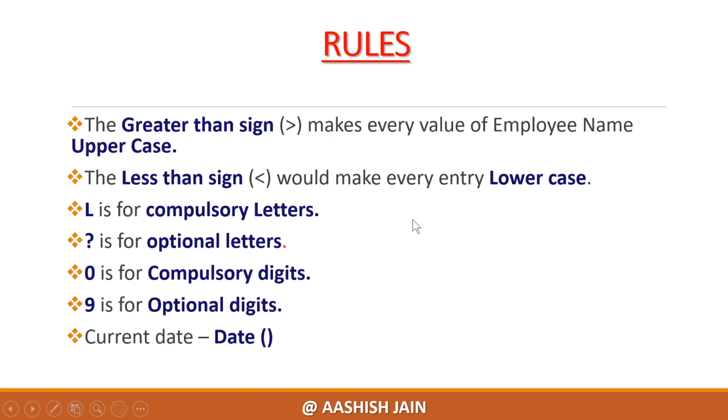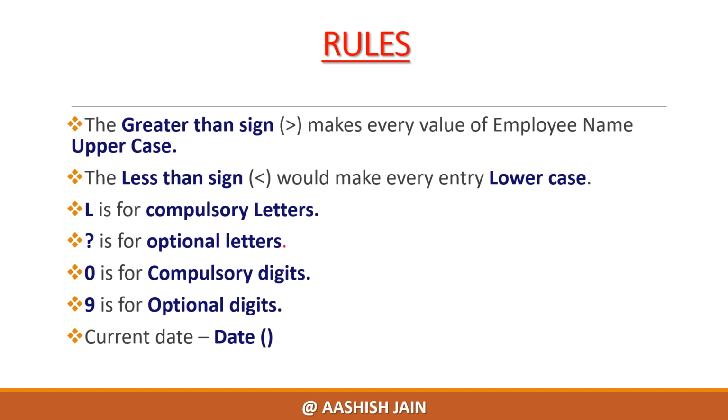Okay, so these are certain rules before we start in MS Access. What are the rules and why are we going to study these rules? We are studying these rules because, suppose we want to put up some information, we put all the information as per our convenience.